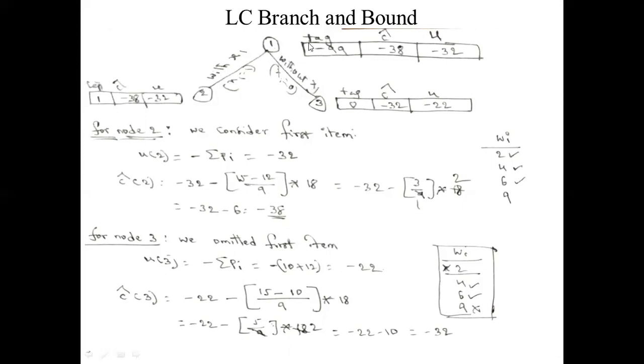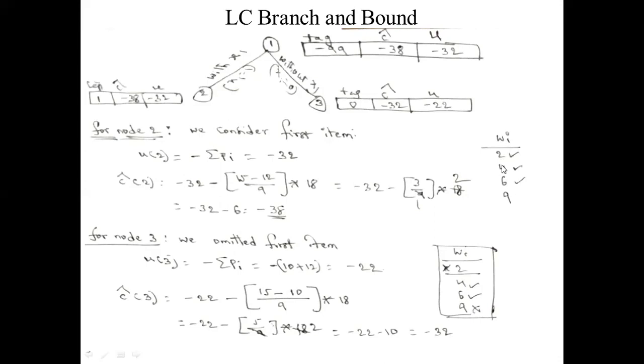What about node 3 information? In node 3, the first element is rejected. Now completely omit this element from the calculation of node 3 cost and node 3 upper bound. Node 3 is x1 equal to 0, so the first element is rejected. From the second element, we find how many elements we can select in sequence. We can select the second element, weight 4, the capacity is 15.